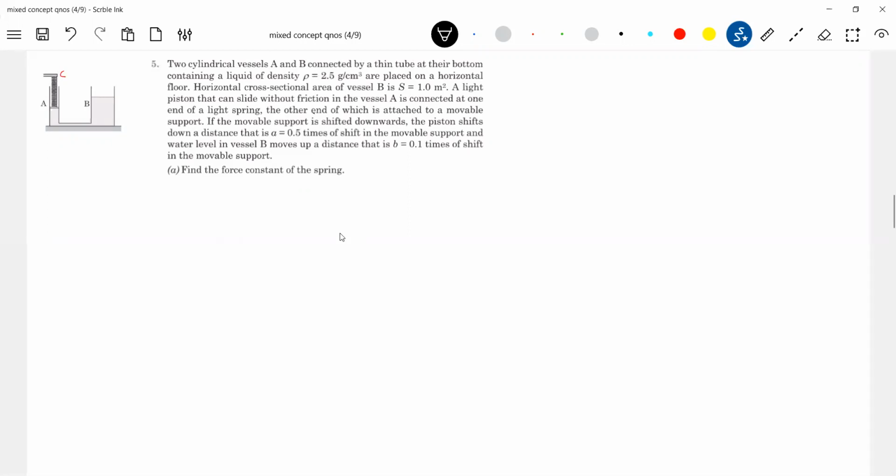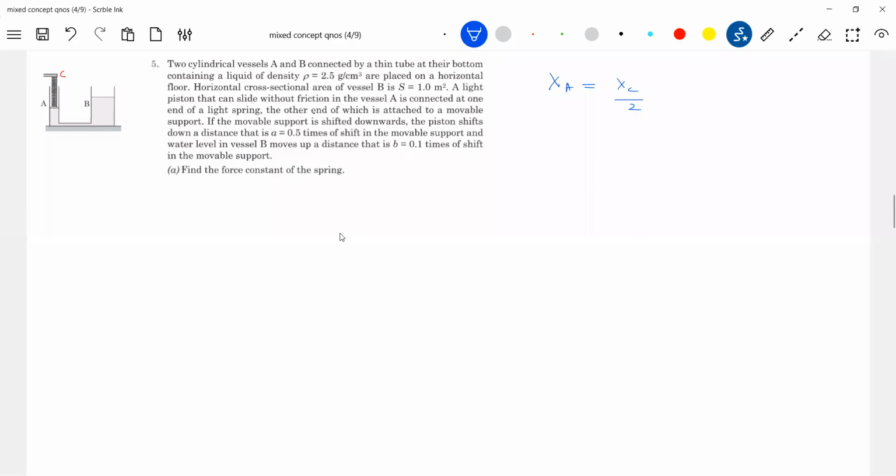If the mobile support is shifted downward, the piston shifts down a distance that is 0.5 times the shift in the mobile support. Let the mobile support move by distance XC. Displacement of the piston A should be equal to XC by 2.